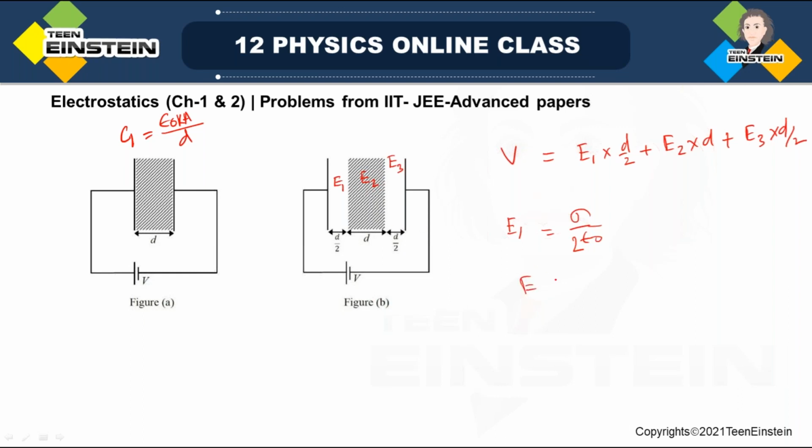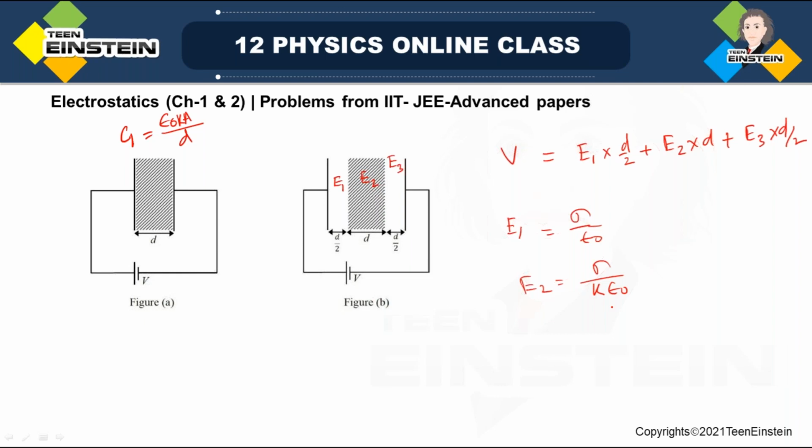But here E2 is equal to sigma by 2, there are two sides, obviously this will be sigma by epsilon naught, and this will be sigma by k epsilon naught.